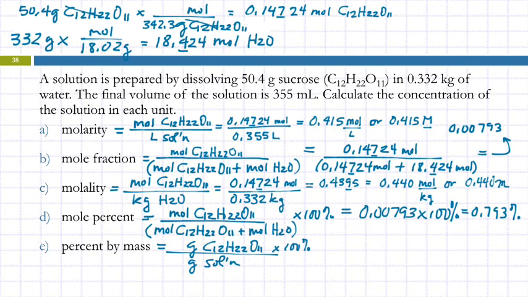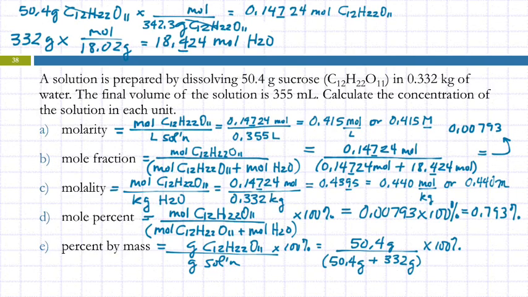It's the water plus the sucrose. So the mass of sucrose is 50.4 grams, divided by the mass of the entire solution. So it's the 50.4 grams of solute plus the 332 grams of water times 100%.